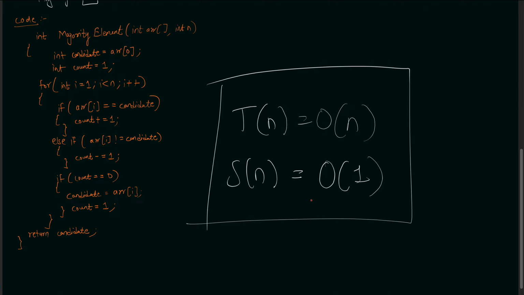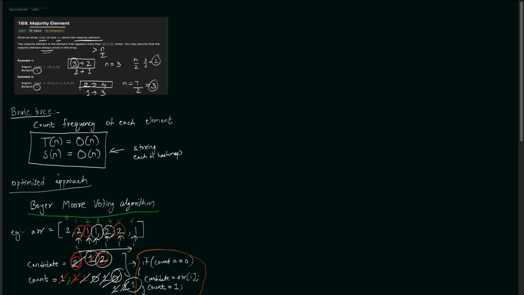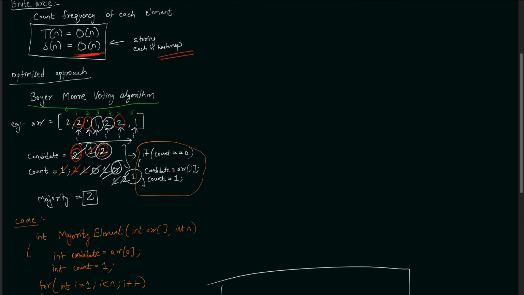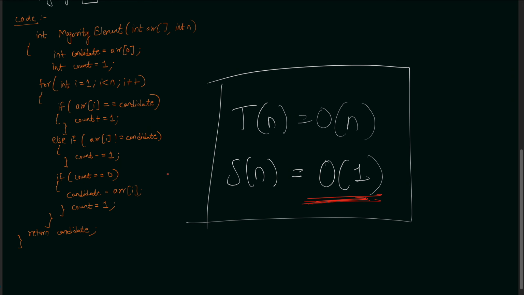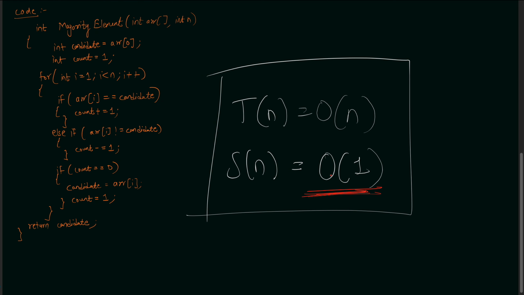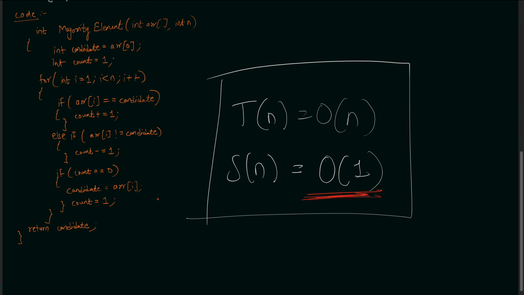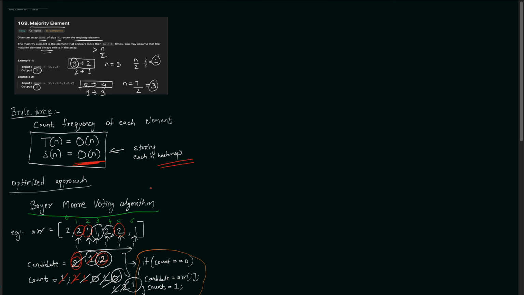It reduces the space complexity from order of n to order of 1, because in the brute force approach we take order of n space when we use a hash map, but if you use this Moore voting algorithm, the space complexity becomes order of 1. Okay, I hope you understood the problem. Thank you for listening.